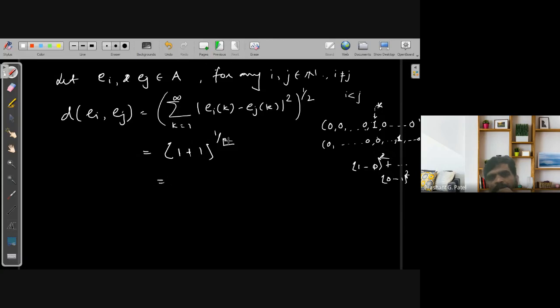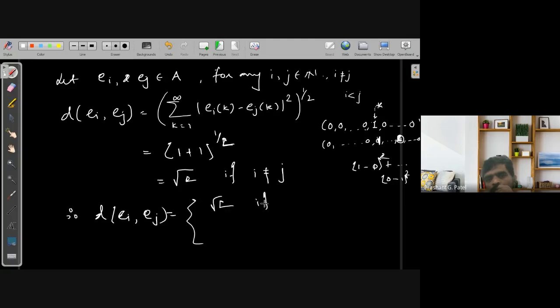That gives me square root of 2 if i is not equal to j. If i is equal to j, that means the 1 is at the same place, so in that case it gives me 0. Therefore, in general, the distance between e_i and e_j is root 2 if i is not equal to j, and 0 if i equals j.